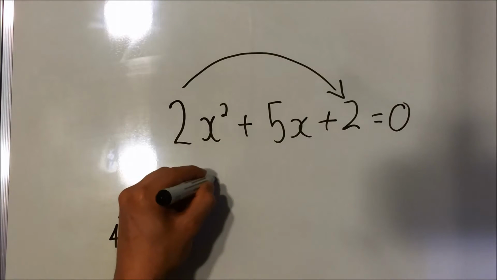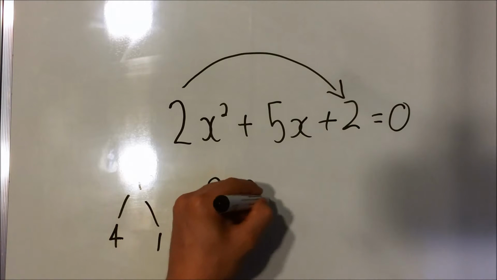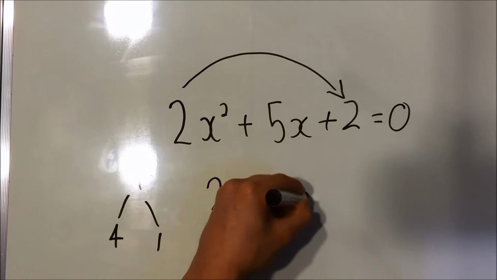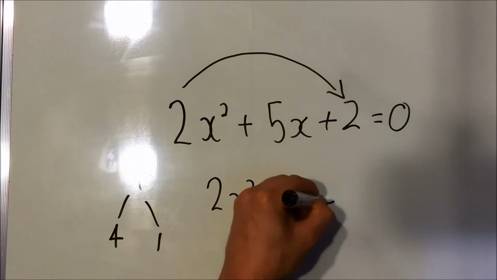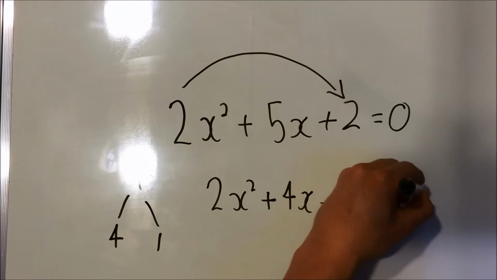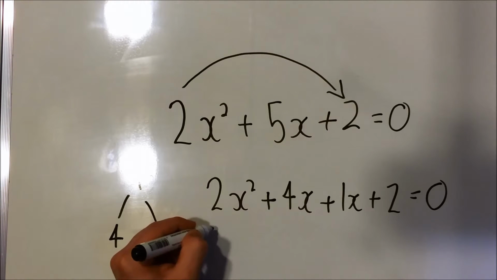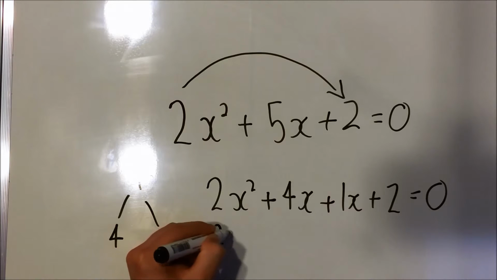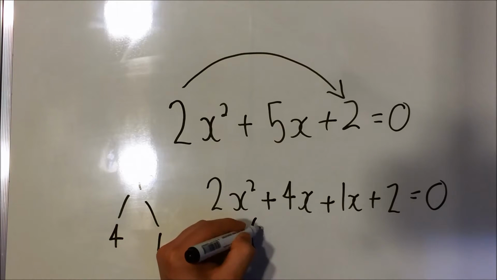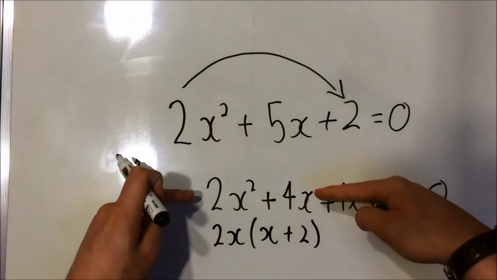So then what you do, you write 2x squared, write the 4, write the 1, equals 0. Now factorise. You get 2x, x plus 2, because you're just focusing on this half.